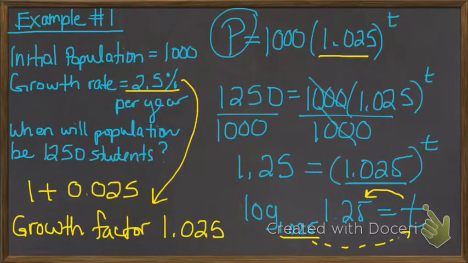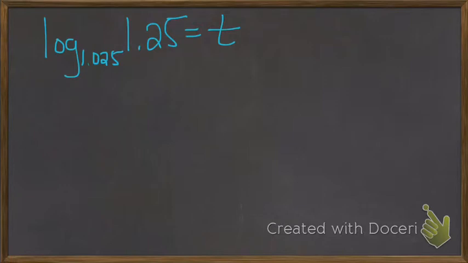Let's go to a clean page, and I'm going to write that out again. Log base 1.025 of 1.25 equals t. We can't solve logarithms if the base is not 10.